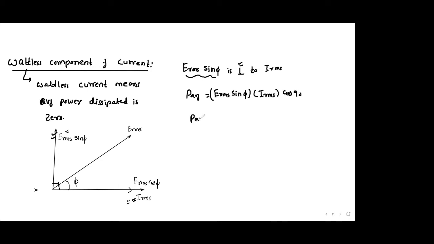So this P average is equal to 0. Since average power dissipation due to this ERMS sin phi is 0, we call this ERMS sin phi, which is perpendicular to IRMS, the wattless component of current.